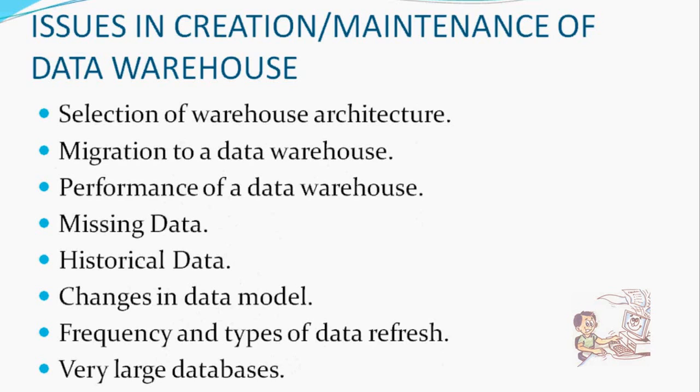The frequency and types of data refresh is very, very important. In some databases we get time issues to load the data into the database or to retrieve the data from the database. While migrating and applying the rules, some types of database, some types of design, will take time to process the records.